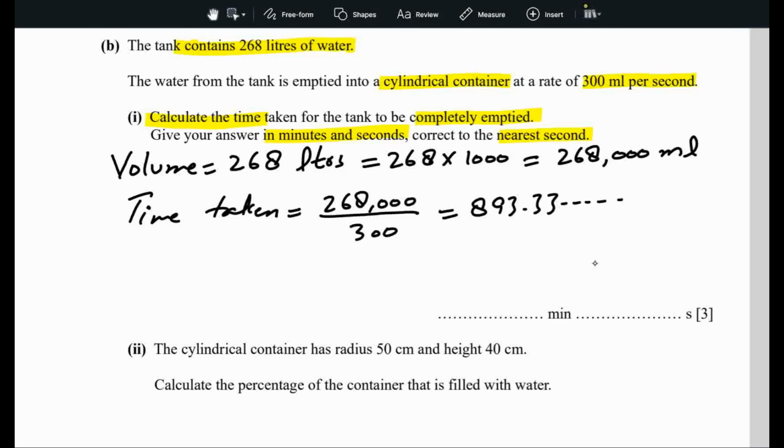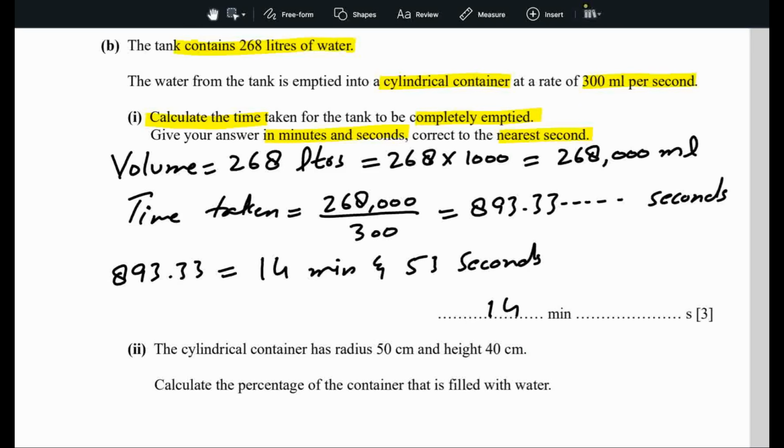Now 893.33, basically this one is in seconds. So we have to convert it into minutes. So if we convert 893.33 into minutes, it is equals to 14 minutes and 53 seconds.